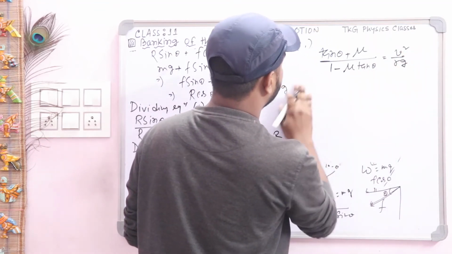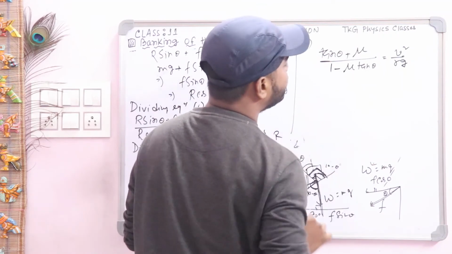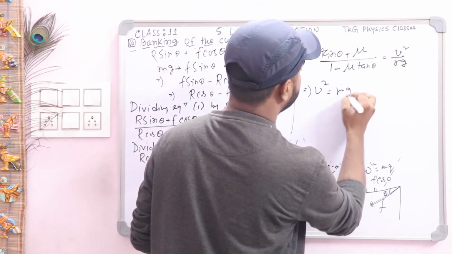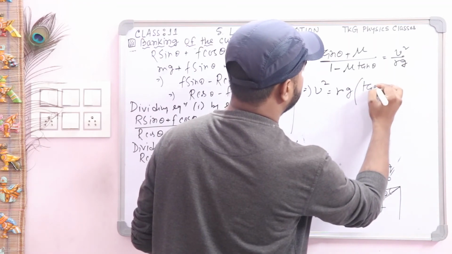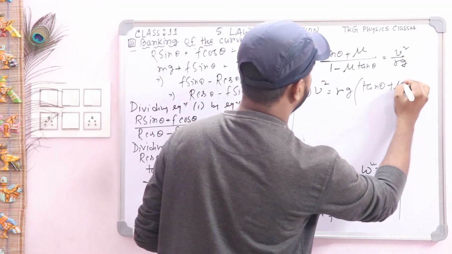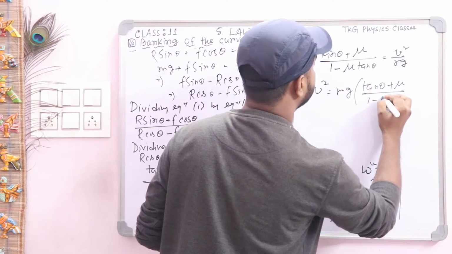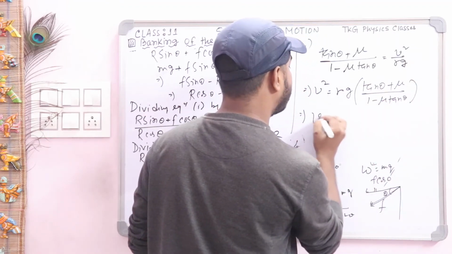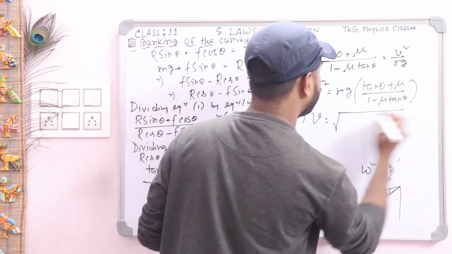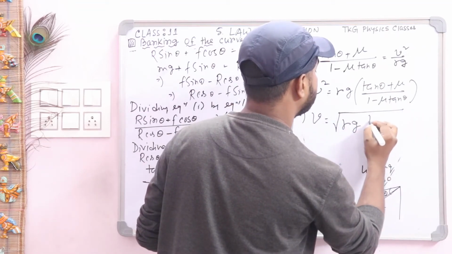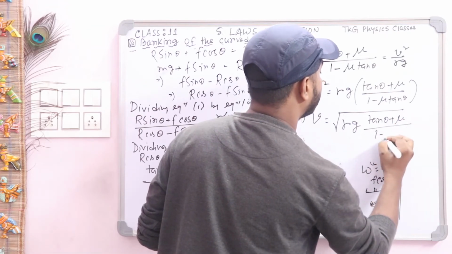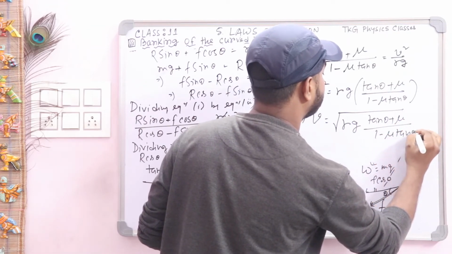So from here you can write the value of v square. V square equals rg into tan theta plus mu over 1 minus mu tan theta. So the value of v is the root of rg times tan theta plus mu upon 1 minus mu tan theta.